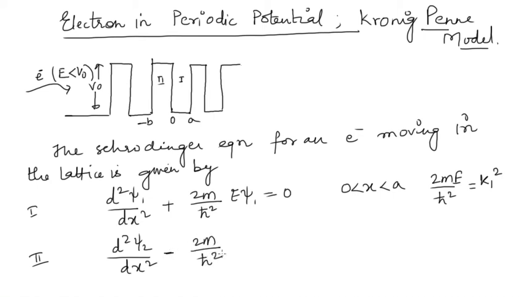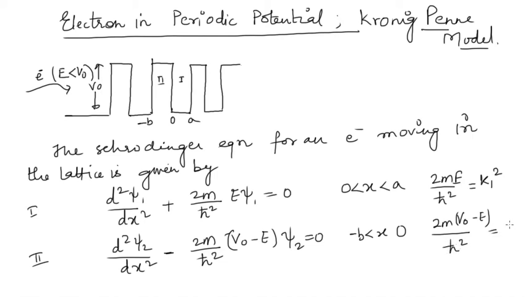Now in region 2, d2 psi 2 upon dx square minus 2m upon h cross square, V0 minus E, psi 2 is equal to 0. This we have already seen in the tunneling problem for the rectangular potential barrier. This is for x from minus b to 0, and I can take 2m(V0 minus E) upon h cross square as k2 square.